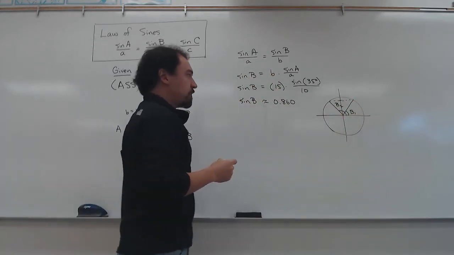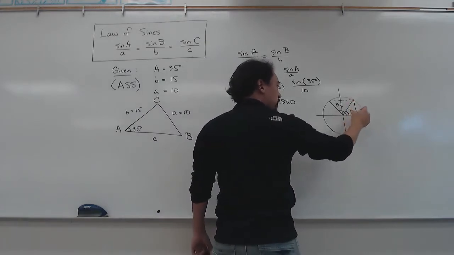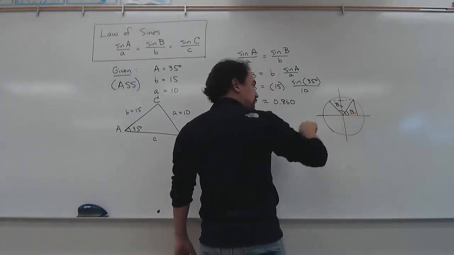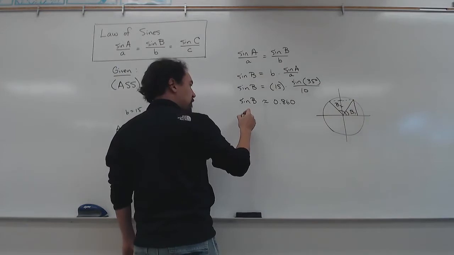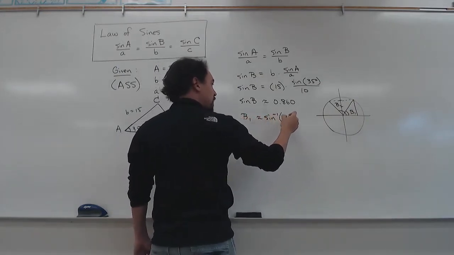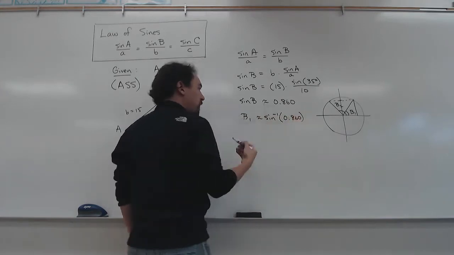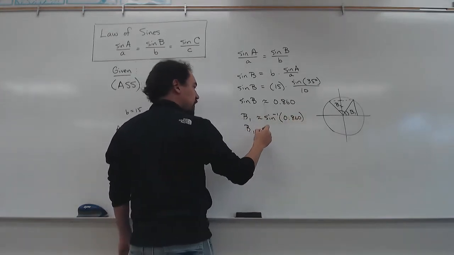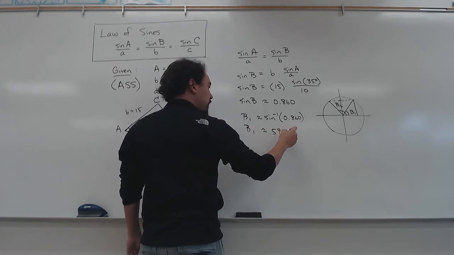So to find B1, we realize in the first quadrant, the angle B1 is the reference angle, which we can solve by saying B1 is the sine inverse of the y-coordinate. And when we punch that into a calculator, we get that B1 is approximately 59.4 degrees.